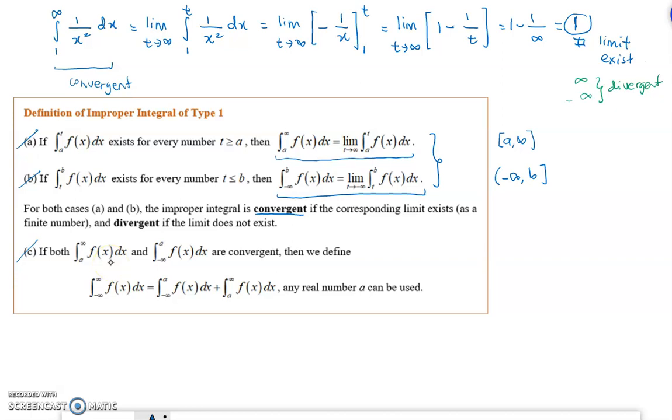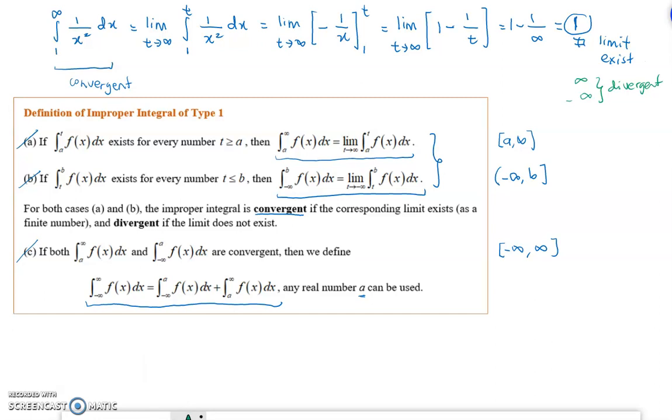Now we go to the third definition. If our function f(x) is continuous in the interval from negative infinity to infinity, then we can write the integral as the integral from negative infinity to a of f(x) dx plus the integral from a to infinity of f(x) dx, where any real number a can be used.